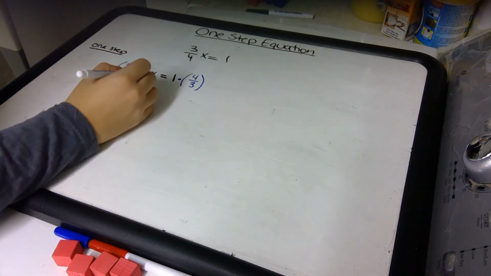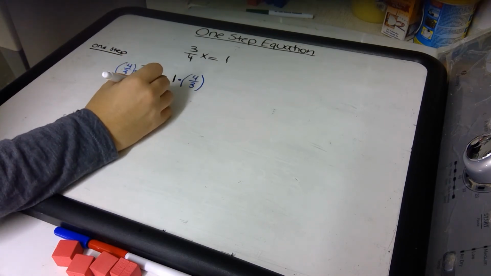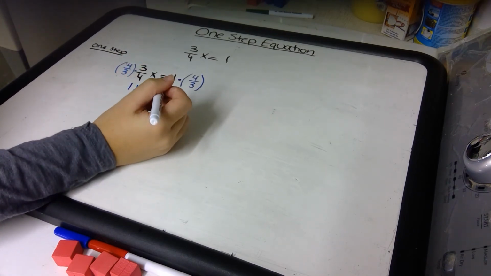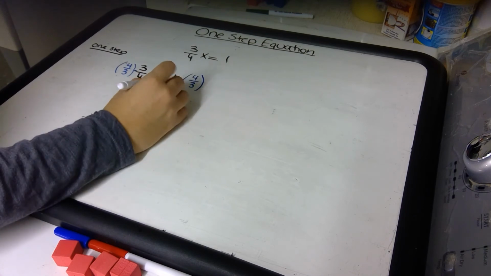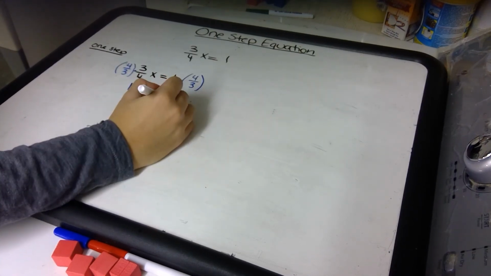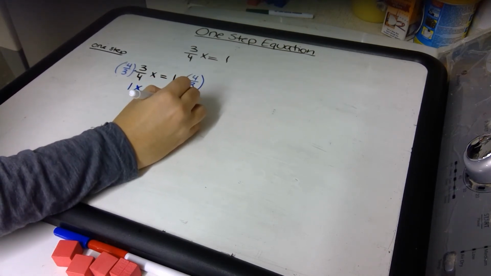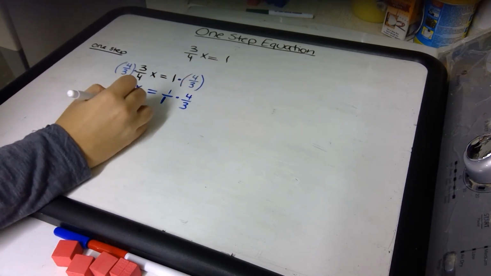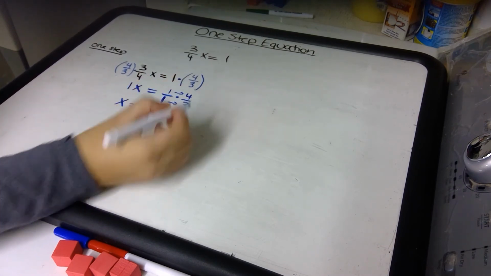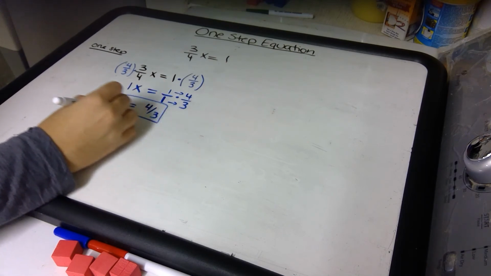So here, we get 1x, which equals here. Remember, we turned that whole number into a fraction, and by doing so, we put over 1, 3 times 4 over 3. And then we get x equals, multiply across, right? So we get 4 over 3. So this is our answer.